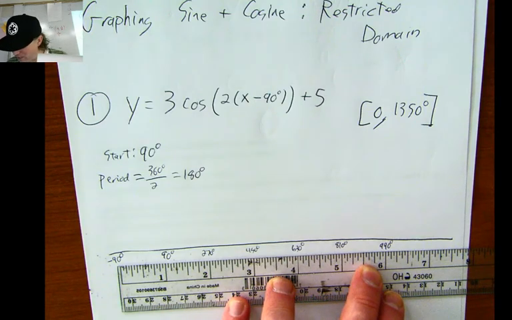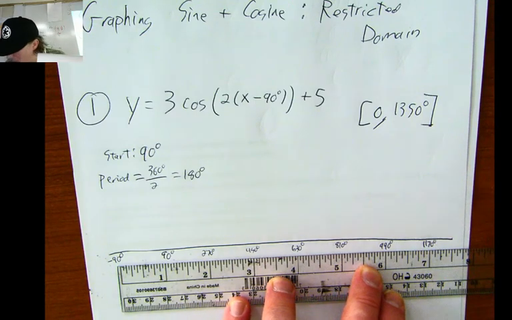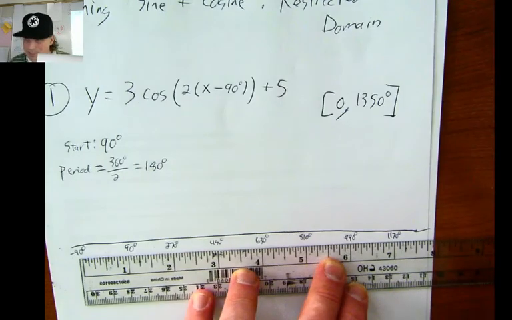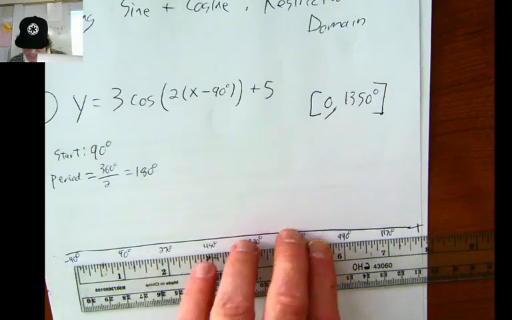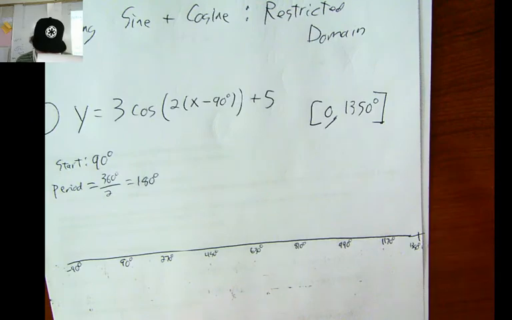He's going to use a calculator. 990 plus 180, that's 1170 degrees. And then if I added another 180 to that, I get exactly 1350. So I've kind of run out of space, but I'm just going to pretend like this last one is an inch right there, and I'm going to have that be the 1350 degrees.